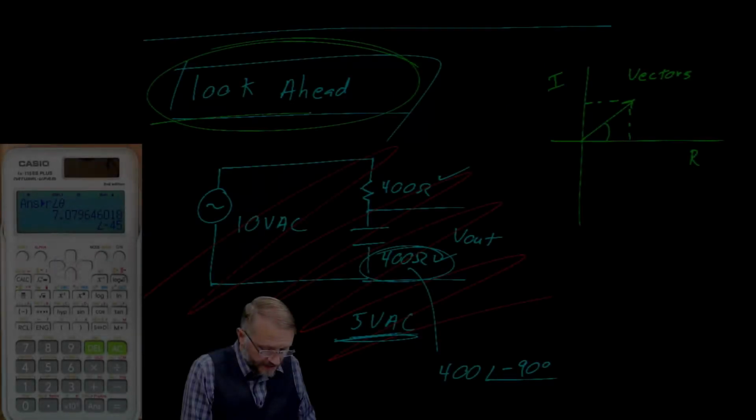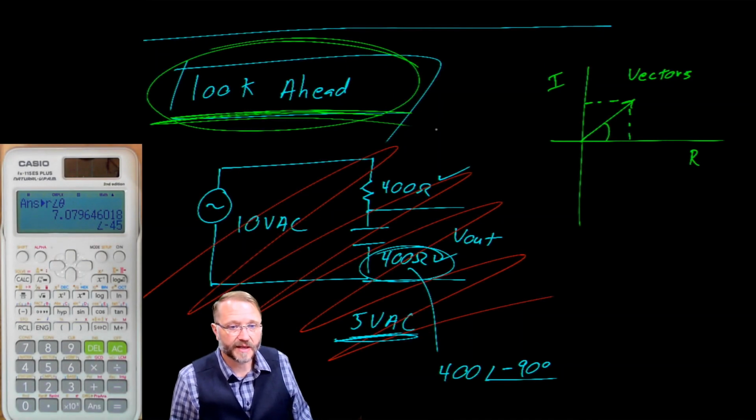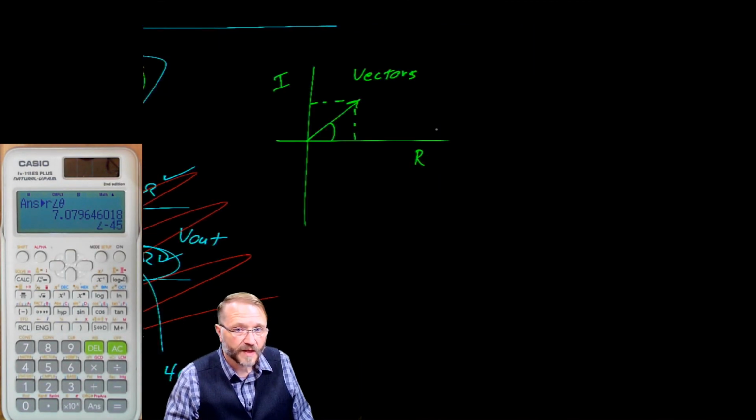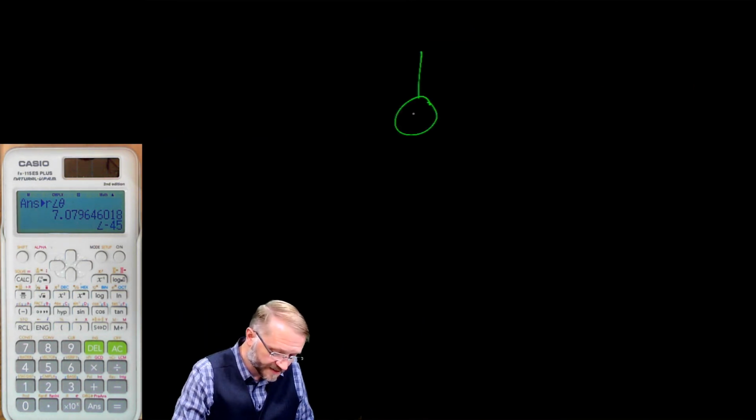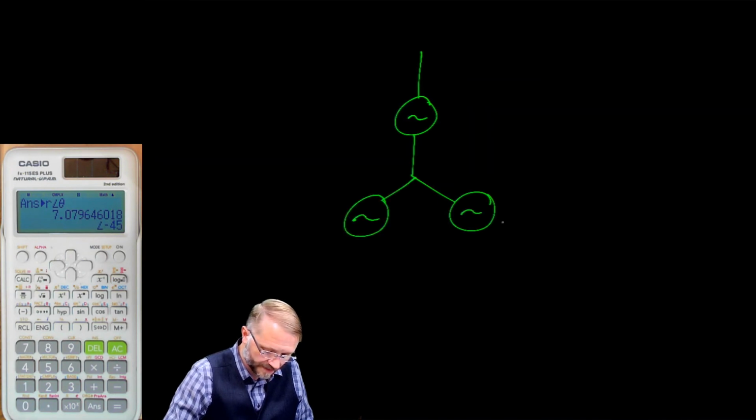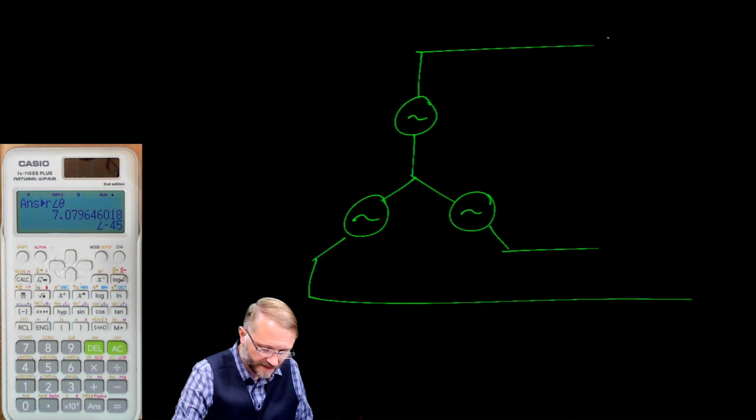Hang in there, folks. I realize that this is getting a bit complicated, but these numbers, these vectors, are the key that gets us into something called three-phase systems. And three-phase systems are what our entire world runs upon. If you look at the power lines, you'll always see they come in threes.